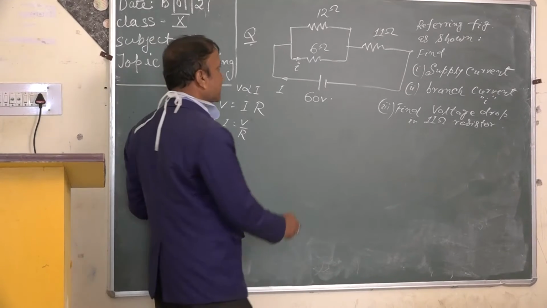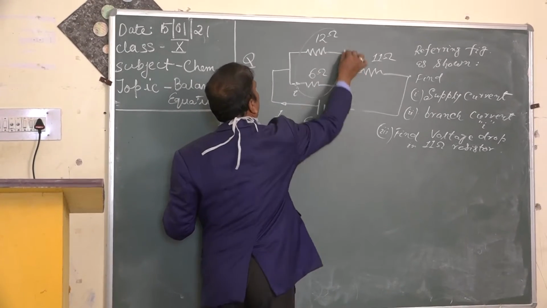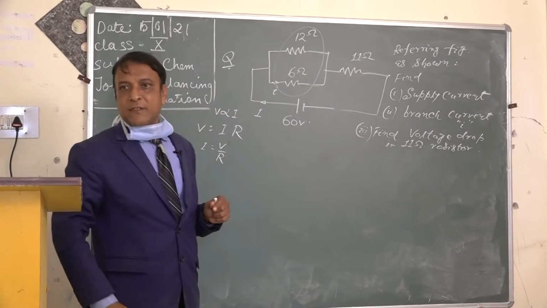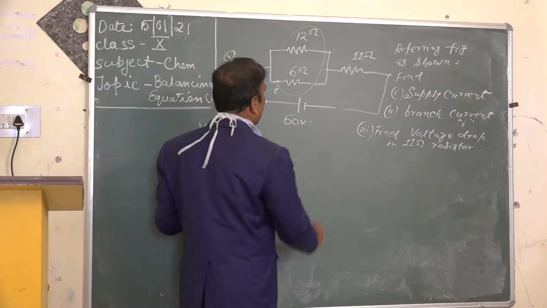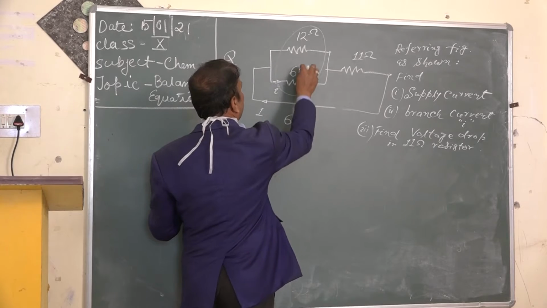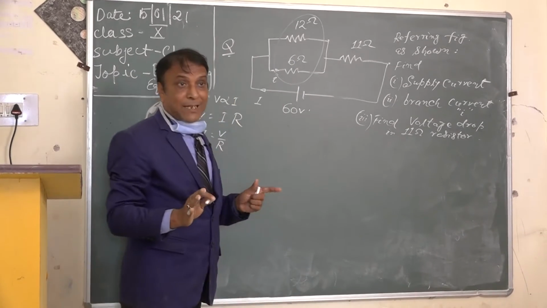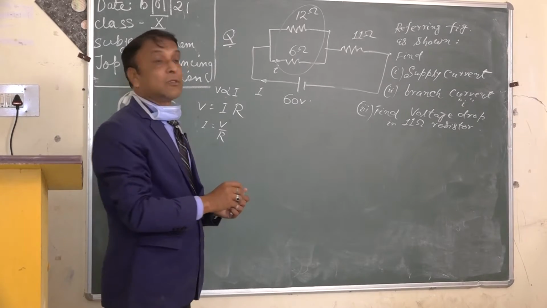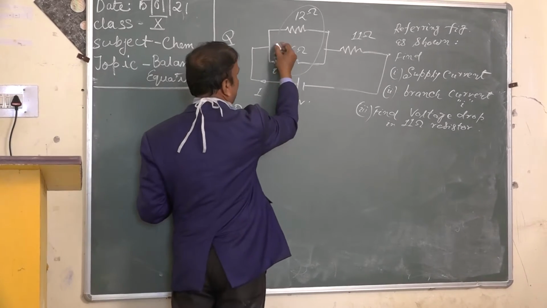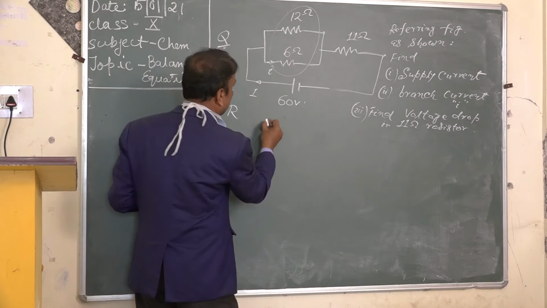Now you see. These 12 ohm and 6 ohm, are they in series or parallel? Very good, this is a parallel connection. So, instead of this 12 and 6, we can take a single resistor. What will be its value? Again I am simplifying the circuit to find the total resistance.